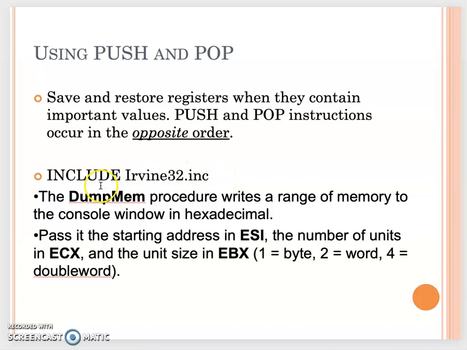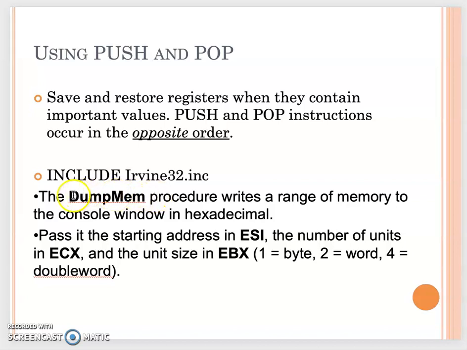So another procedure we want to introduce is what we call DumpMem. So what is DumpMem? Do you remember in chapter 3 or chapter 4, when you want to see all the elements in the array, we cannot use the watch window. We need to go to the memory window.